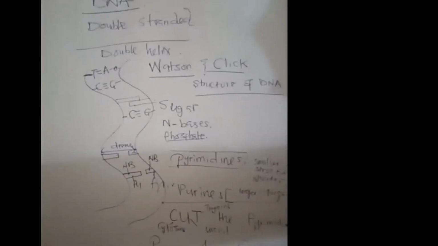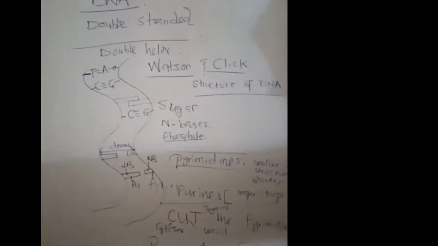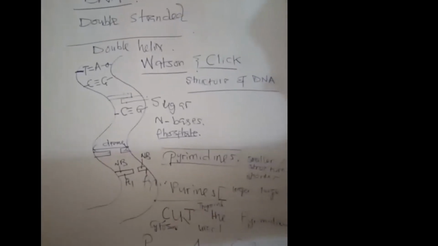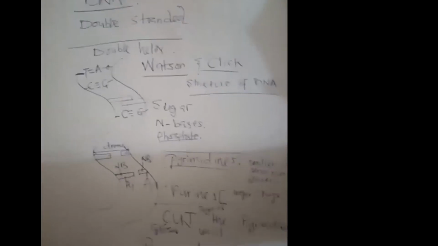So DNA is a double helix, as you can see, and it has got nitrogenous bases. You should understand that thymine bonds with adenine via a double hydrogen bond, and guanine with cytosine via a triple hydrogen bond.